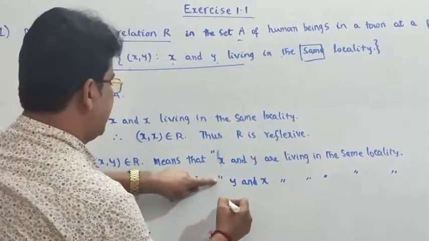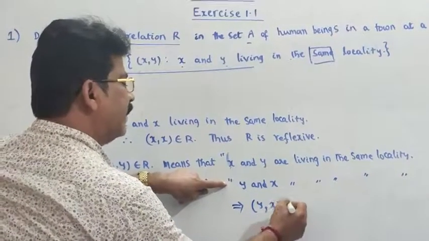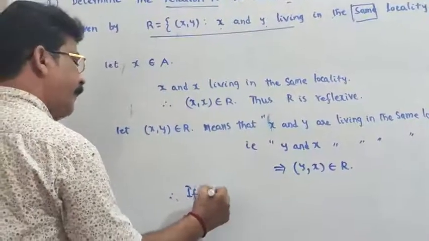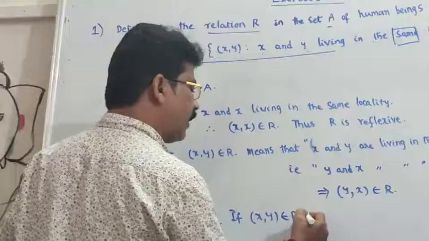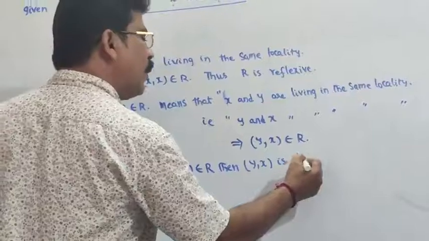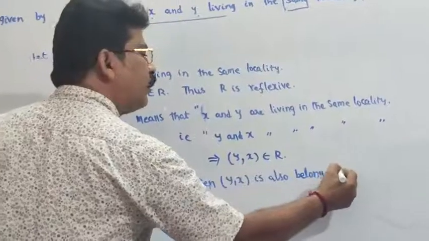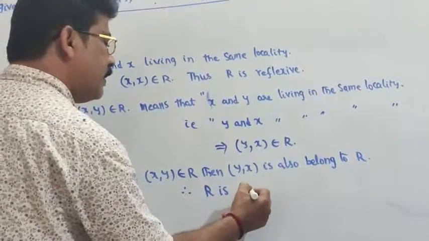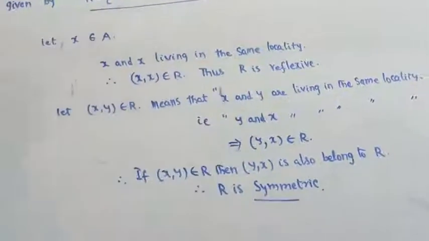So this sentence can be expressed as the ordered pair Y comma X belongs to capital R. Therefore, if X comma Y belongs to capital R, then Y comma X also belongs to capital R. Therefore, capital R is symmetric. Over.